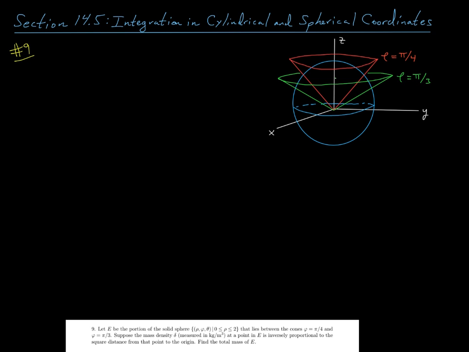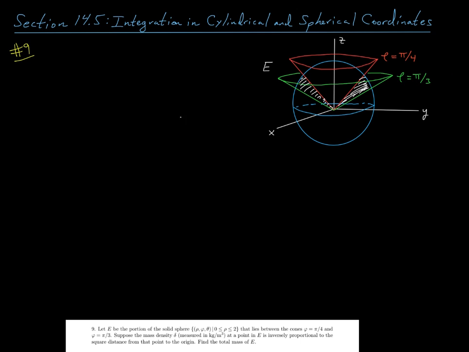Remember, phi is being measured from the positive z-axis. So we're going to rotate pi over 3 radians from the positive z-axis there. So it's actually going to look like this. And then we want the region inside the ball and between these cones. So we're looking at this region here, E.